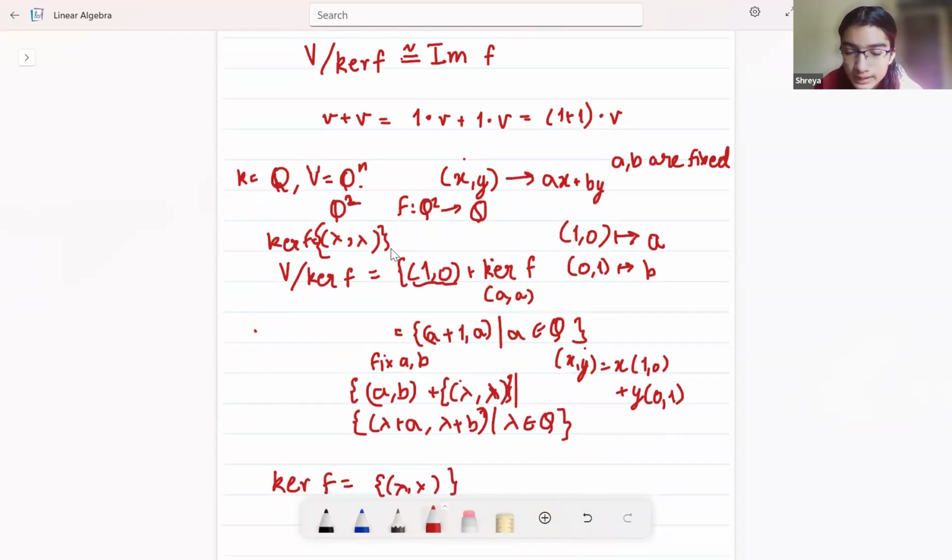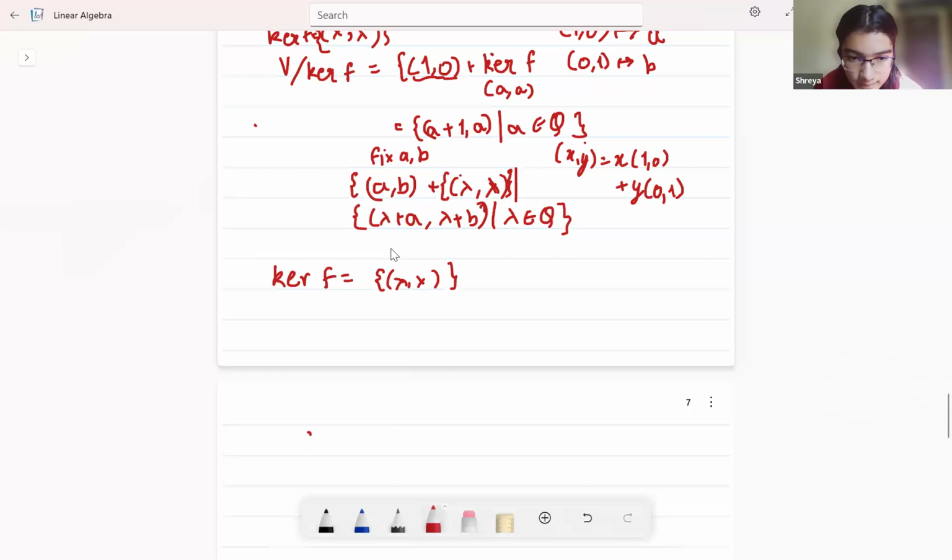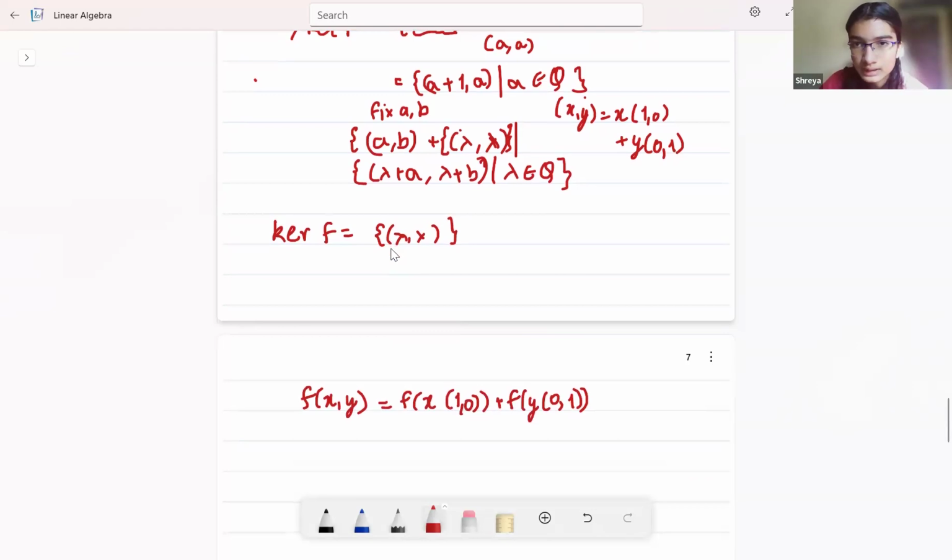If we take f of x, y, it splits up into f of x times 1, 0 plus f of y times 0, 1, because it's additive.